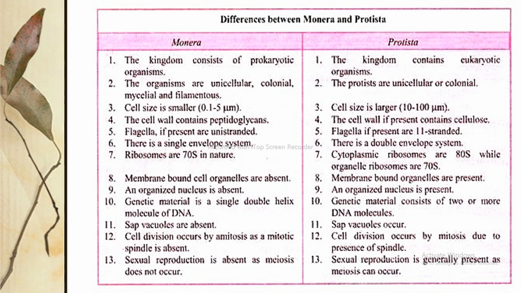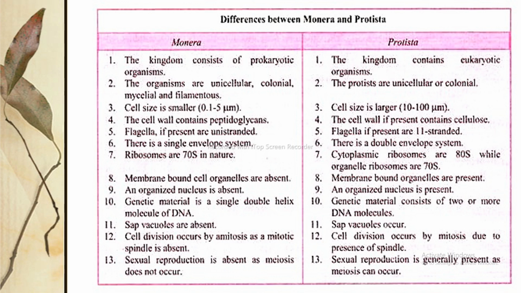The protists are unicellular or colonial. Cell size is smaller, 0.1 to 5 micrometer. Cell size is larger, 10 to 100 micrometer. Cell wall contains peptidoglycan. Cell wall, if present, contains cellulose. Flagella, if present, is single-stranded, and flagella, if present, are 11-stranded.